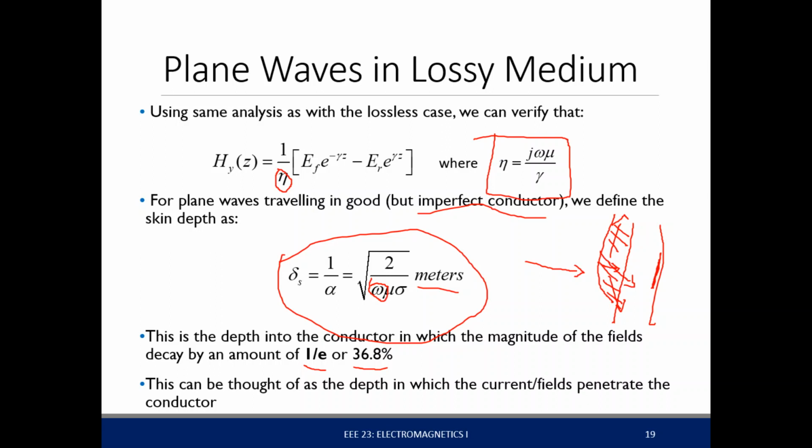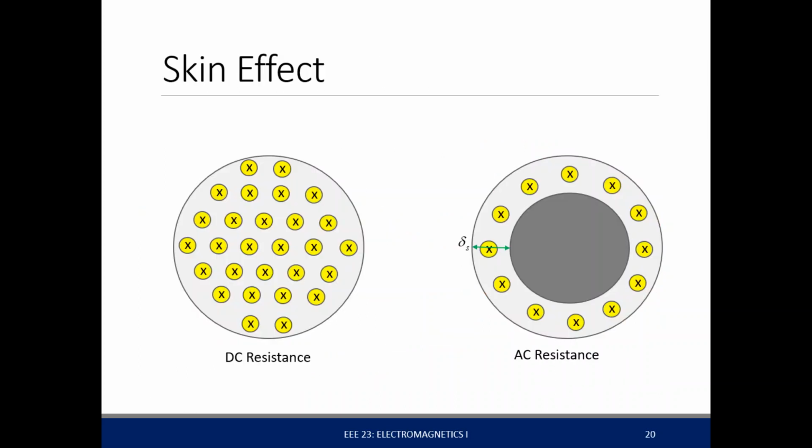A very low frequency means omega is very small. This skin depth is very large. That means almost all of our field actually penetrates inside the conductor. So it goes inside.